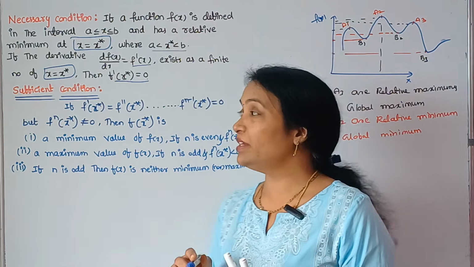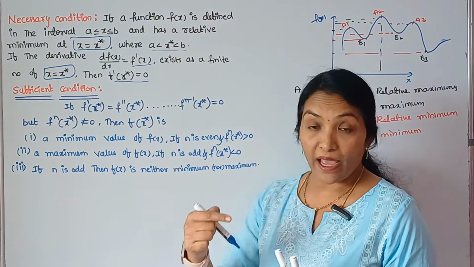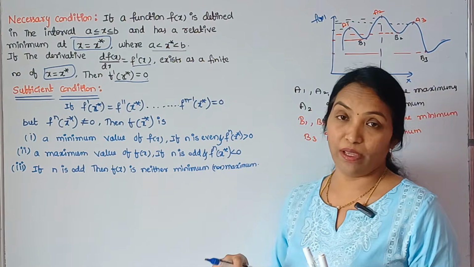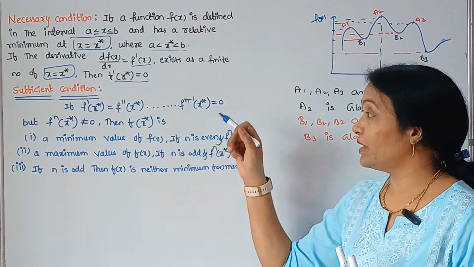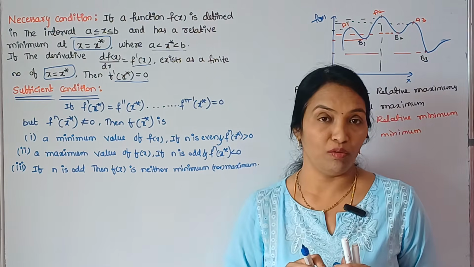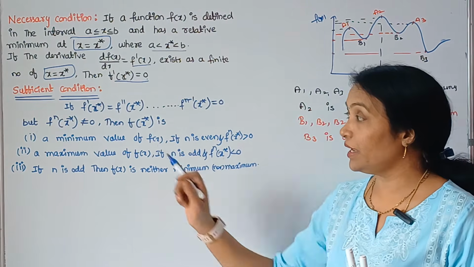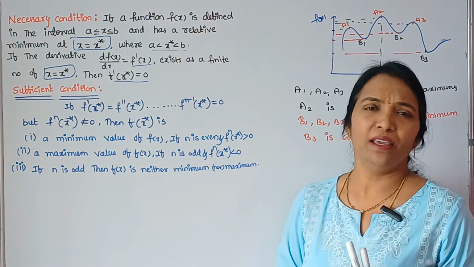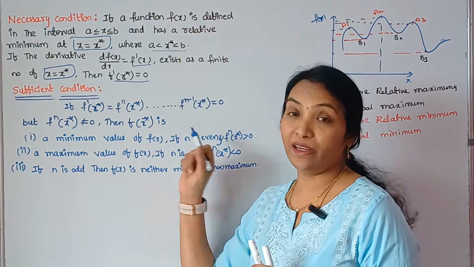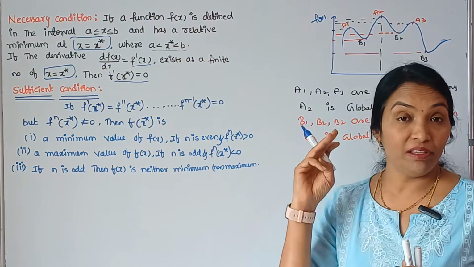Then what about the sufficient condition? If f dash of x star is equal to f double dash of x star and so on up to f to the power of n minus 1 of x star, which is equal to 0, but f power n of x star is not equal to 0, then f of x star has three possibilities.